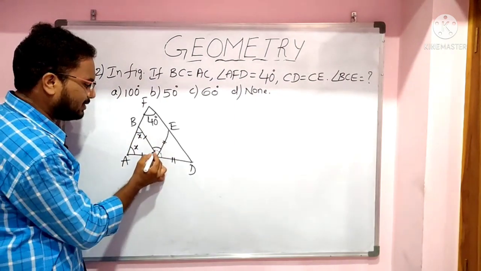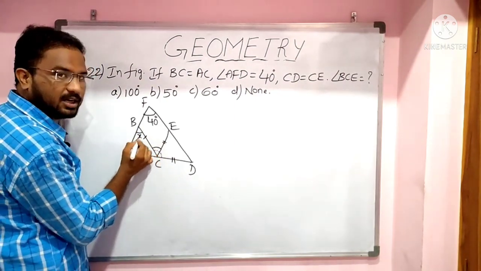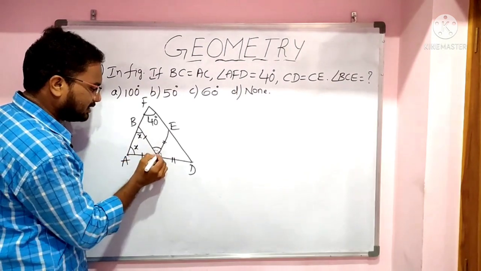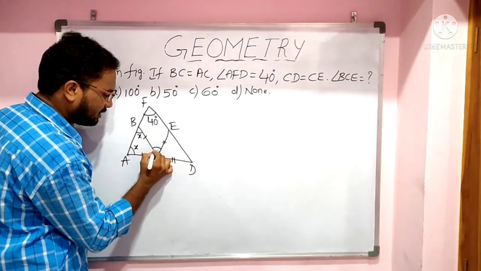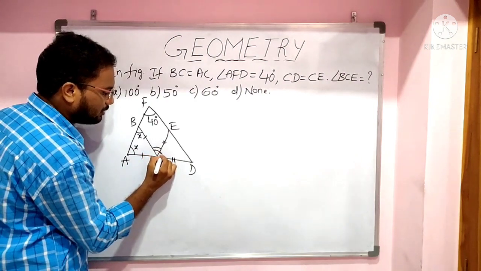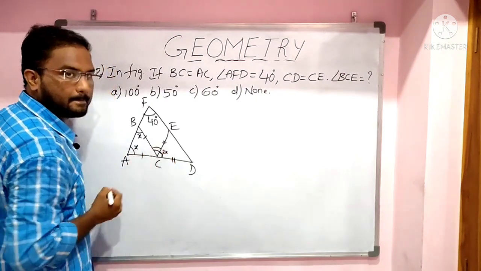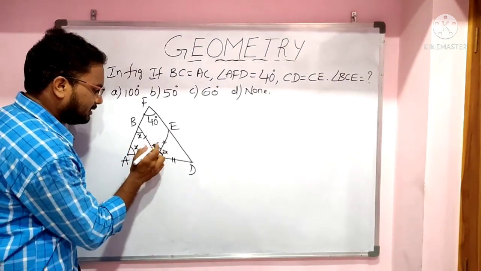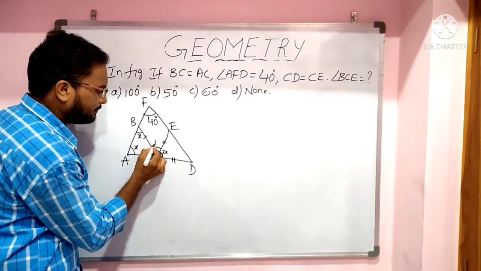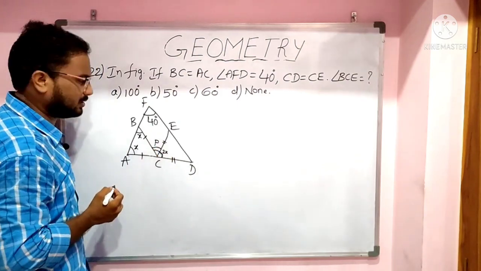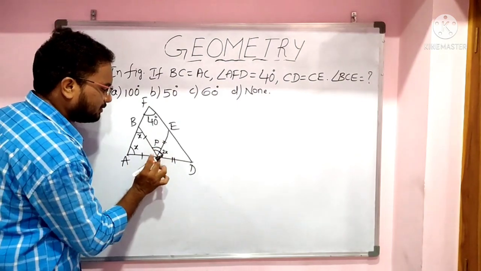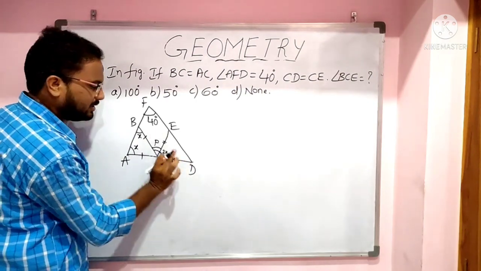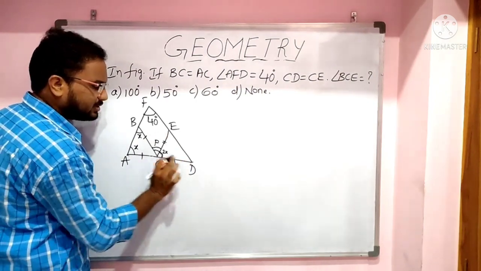Exterior angle equal to sum of opposite interior angles. So this total value is 2x. And then let us say this angle is some P. Now if you take this triangle CED, here CE equal to CD.